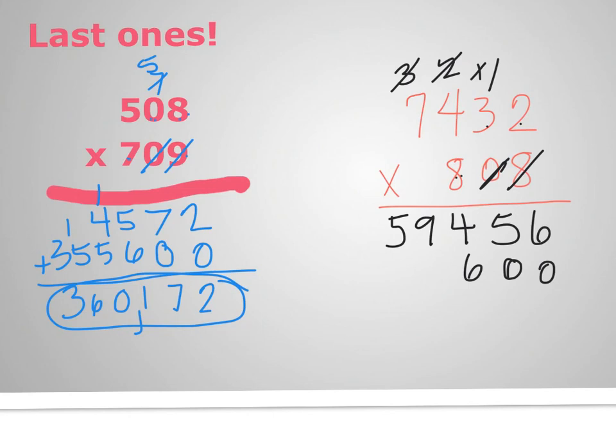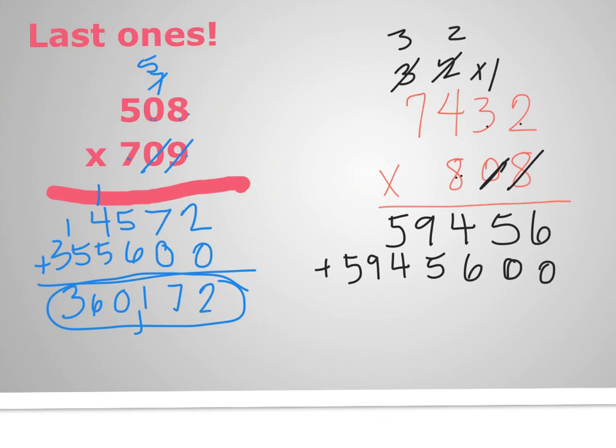Okay, 8 times 3 is 24, plus 1 is 25. 8 times 4 is 32, plus 2 is 34. And then 8 times 7 is 56, plus 3 is 59.